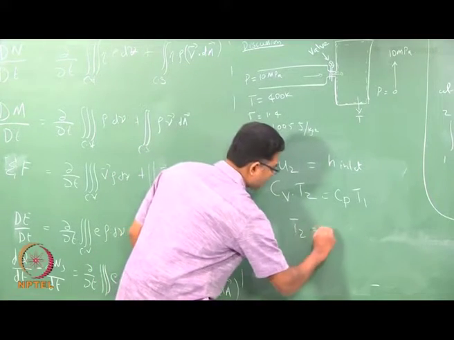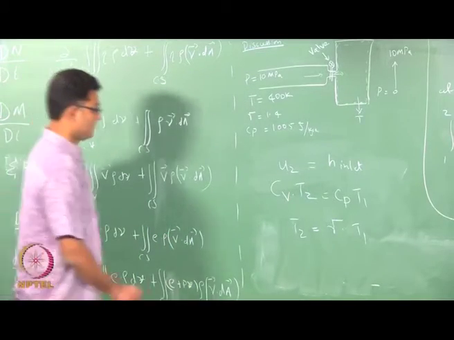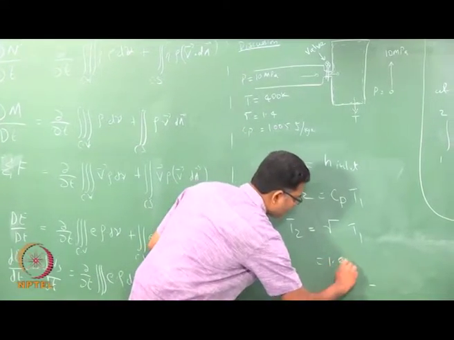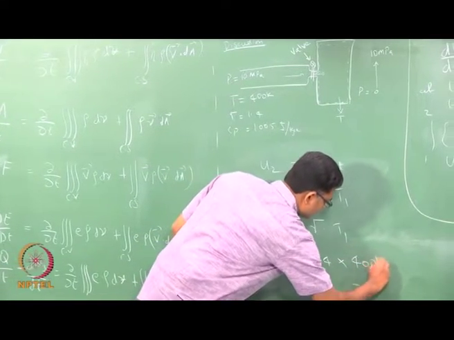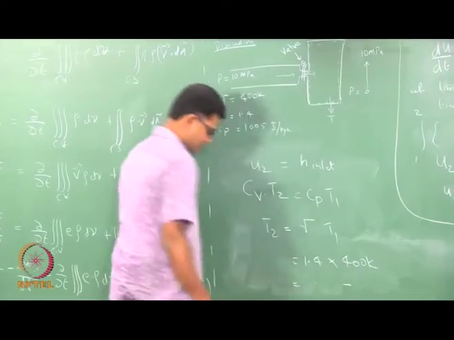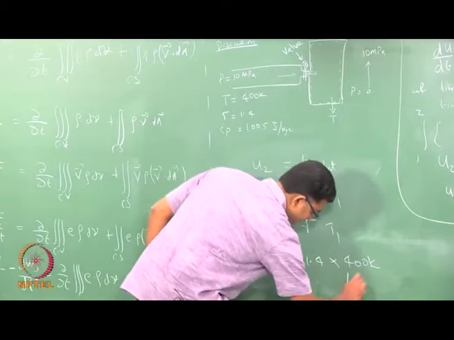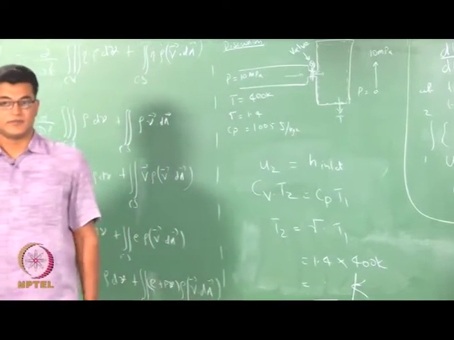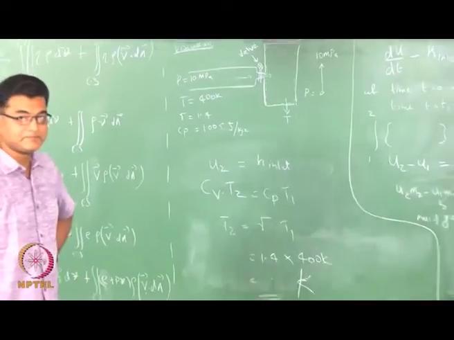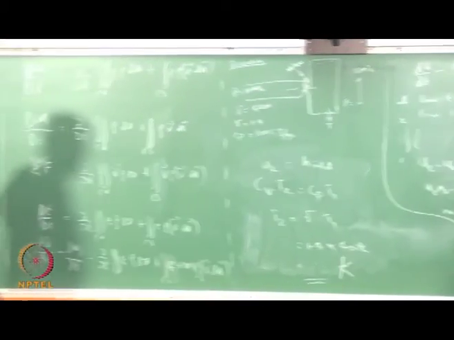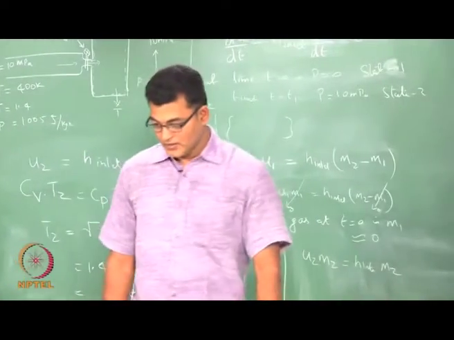So, your T2 is nothing but gamma into T1, which is 1.4 into 400. Okay. So, that is how you apply these equations to this flow.